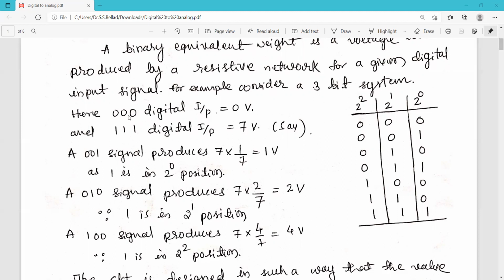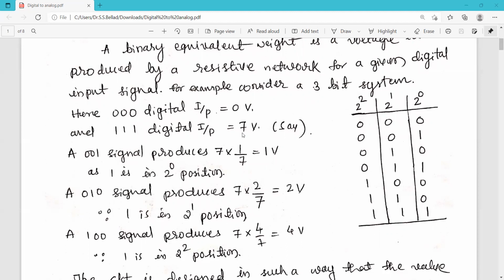And here a 0, 0, 0 digital input is set equal to 0. And a 1, 1, 1 digital input is set equal to 7 volt, just for example. I will set this as 7 volt.